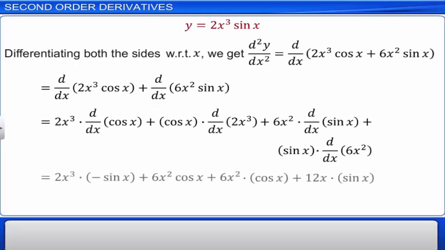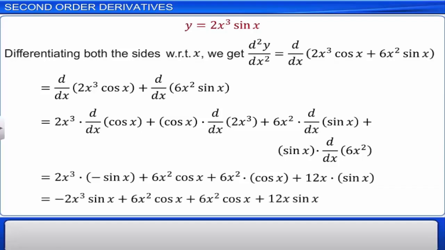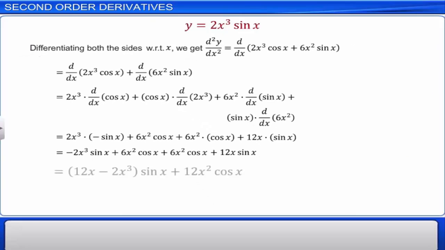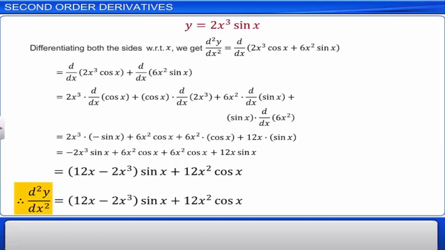On rearranging the terms, we get this expression. Therefore, the second order derivative of y with respect to x is equal to 12x minus 2x cubed into sin x plus 12x squared into cos x.